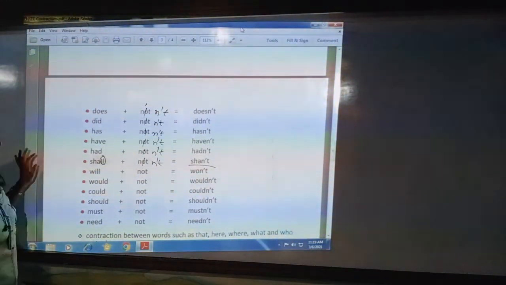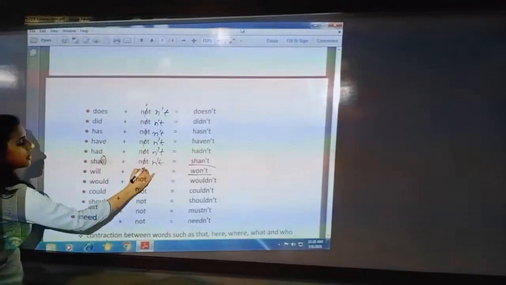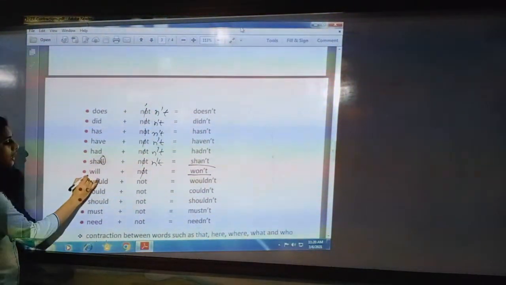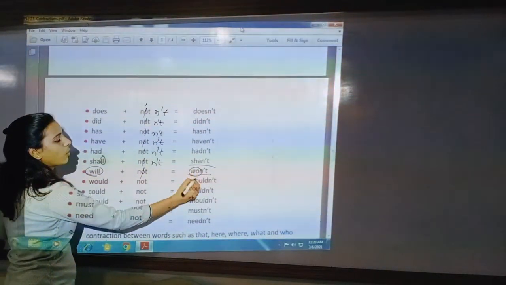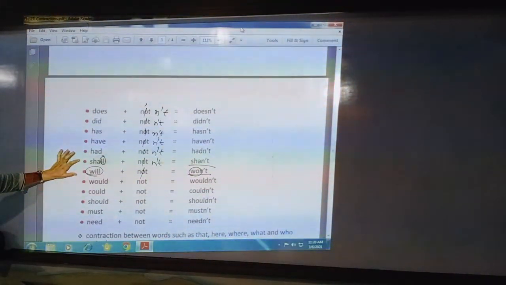In will it will become won't. From not, O is removed and will is changed to WO. Only this rule is applied for shall and will.